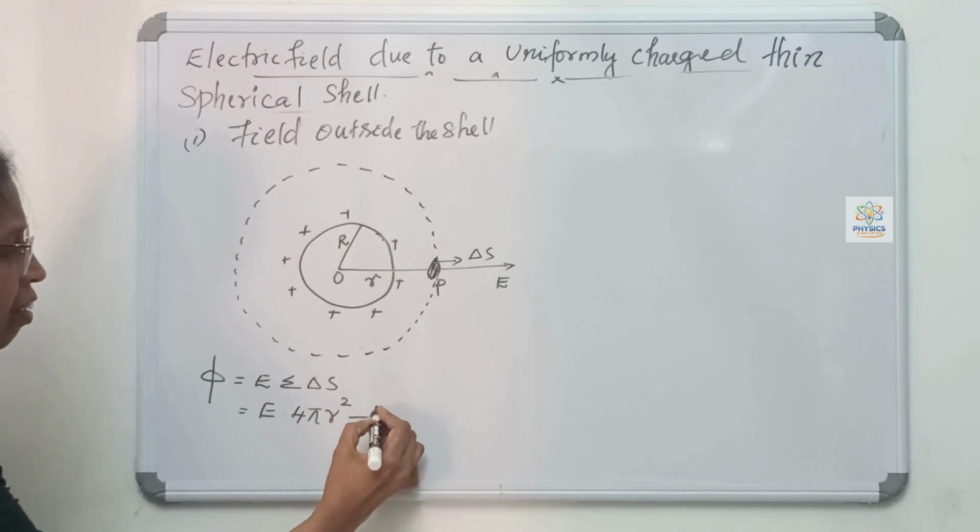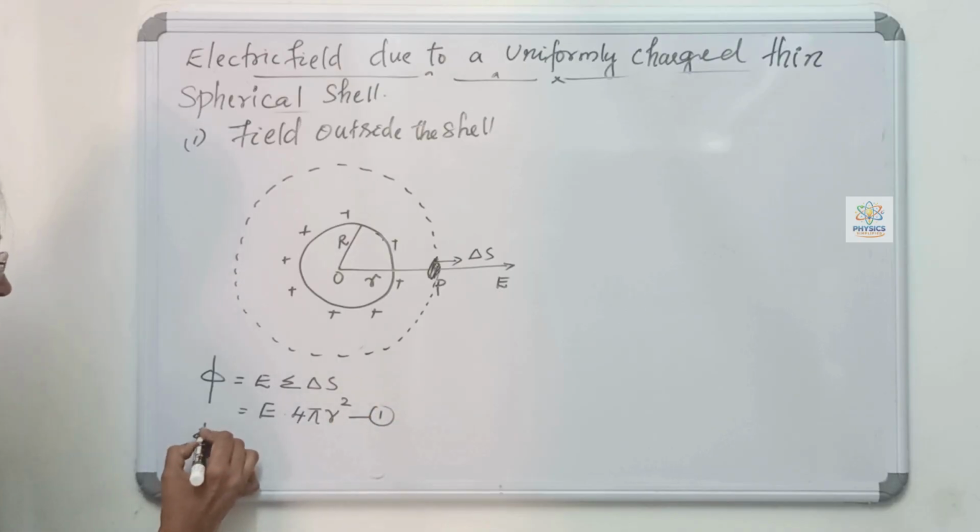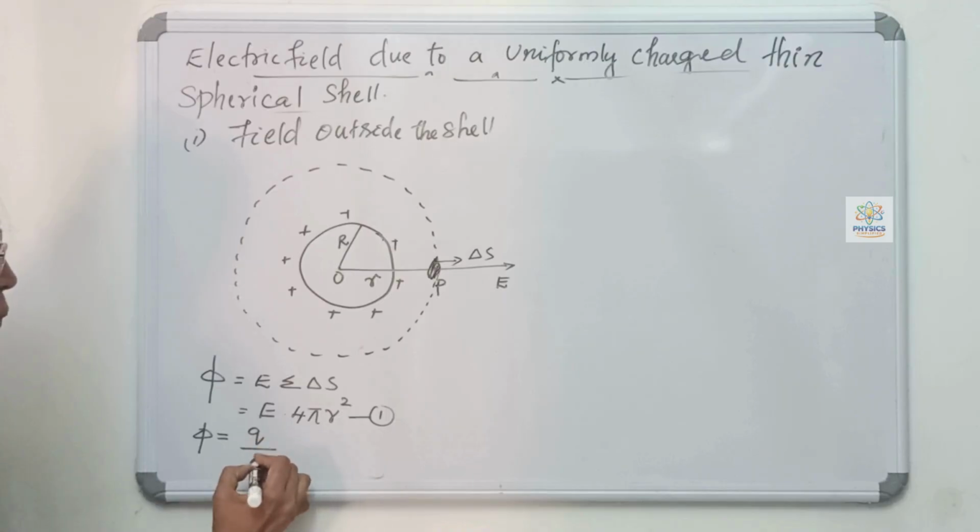Then by Gauss's theorem, we know the equation phi is equal to q by epsilon 0.